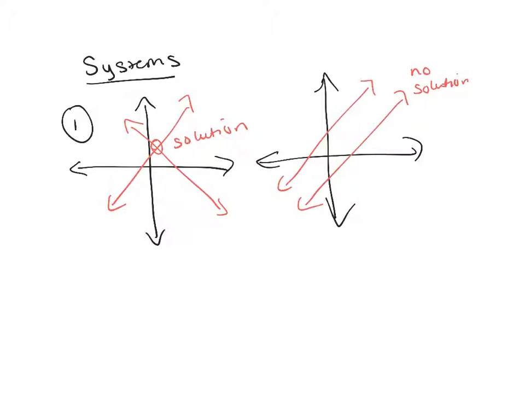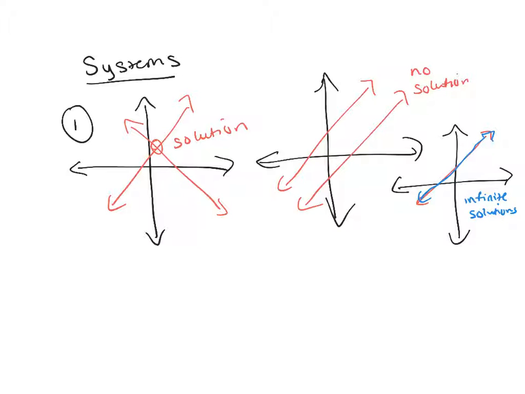And the third thing that can happen with a graph is you might have two lines that are actually the same line, but the equation is just written a little bit differently, in which case we would have infinite solutions. These types of answers for a system exist no matter what method you use. They're just easiest to see while graphing.